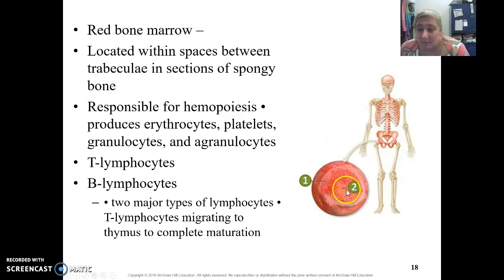So we have a lot more red bone marrow than we do yellow bone marrow in children. This here is yellow bone marrow. And so this is where all blood cells are born, in the bone marrow. So both B and T lymphocytes are produced here, as well as all of our other blood cells.